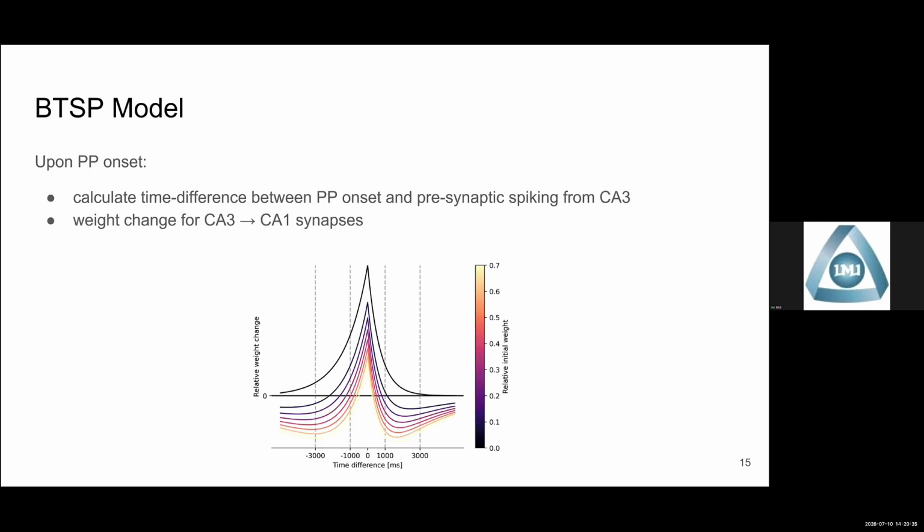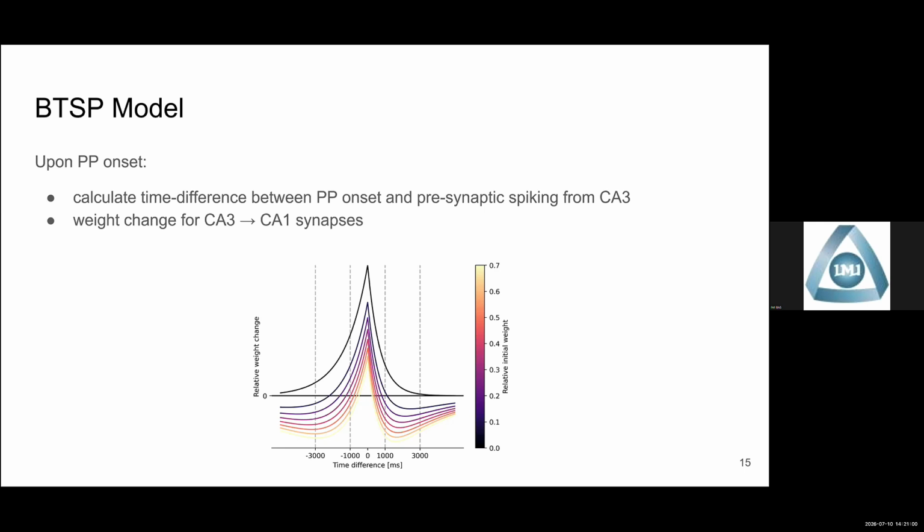Then upon the plateau potential onset, I calculate the time difference between the plateau potential onset and the presynaptic spiking activity. This is very similar to STDP, where you take the postsynaptic activity, but I take the plateau potential onset. And then I change the weights from CA3 to CA1. You can see here, this is my plasticity kernel. As I said previously, my plasticity kernel depends on the relative initial weight.